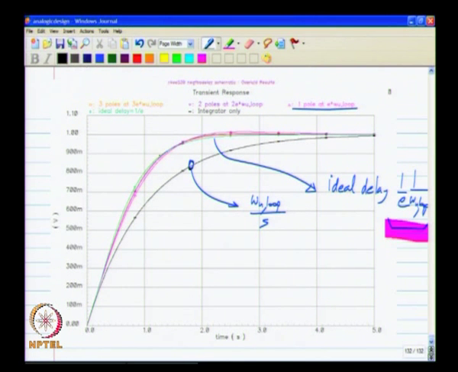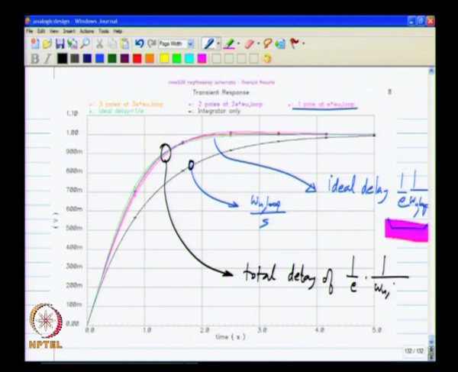All these correspond to a total delay of 1 by E times 1 by omega u loop. By total delay, I mean if you have multiple poles, the summation of the delay due to each pole. So, all of them correspond to the same case.